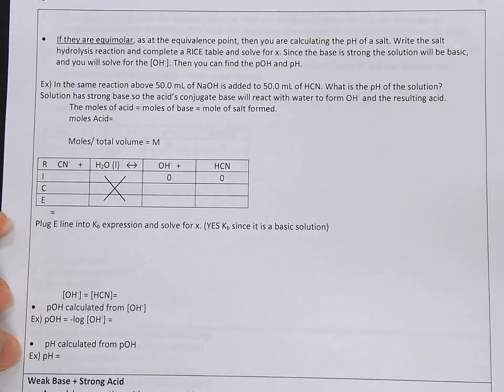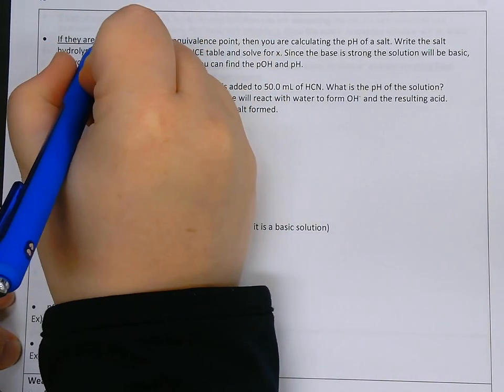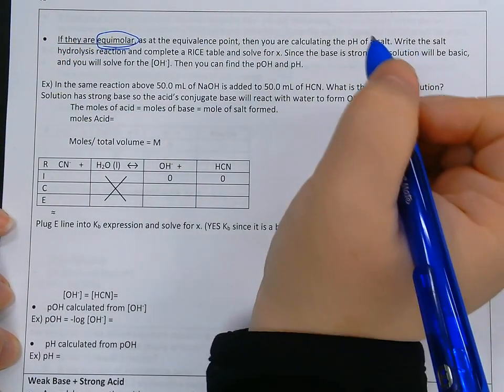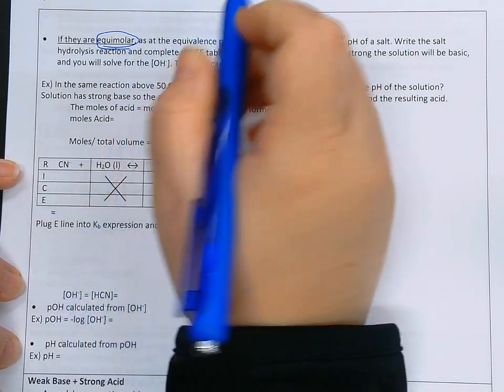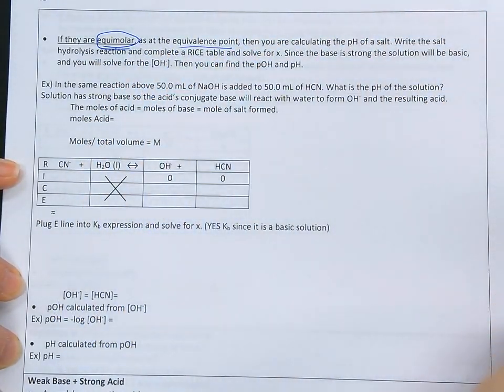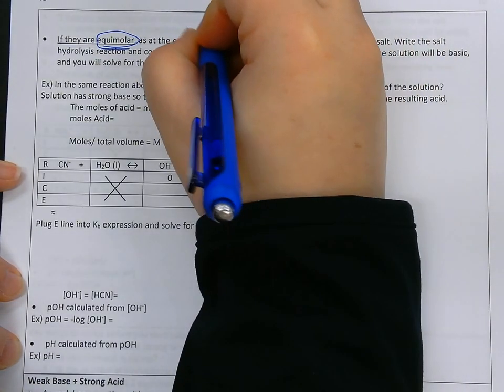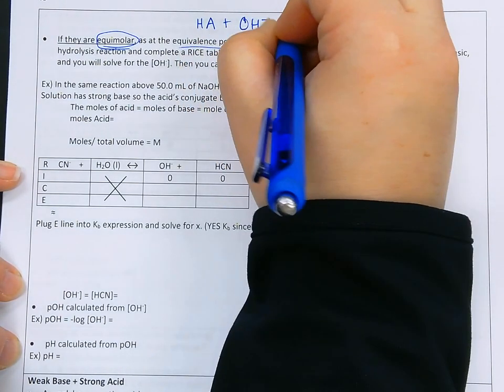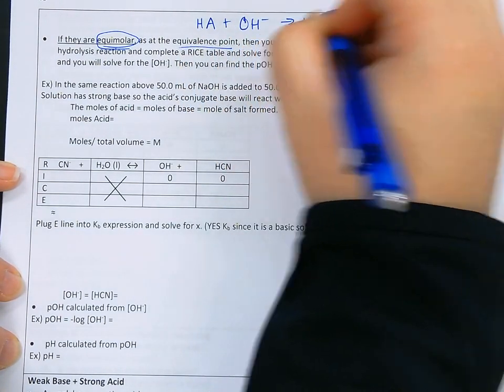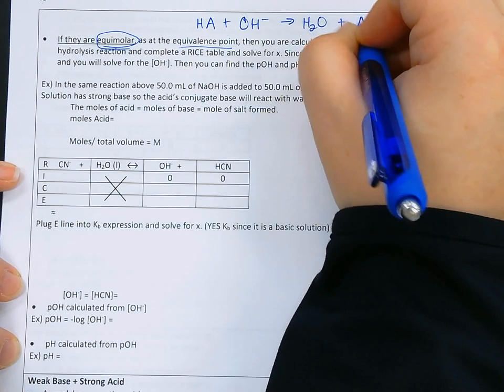Here's where you can see we do get a RICE table, okay? So if they are equal molar, as at the equivalence point, then you are calculating the pH of a salt. What do we mean by that? Well, when our weak acid reacts with our strong base, we're making water, and we're making that conjugate base.